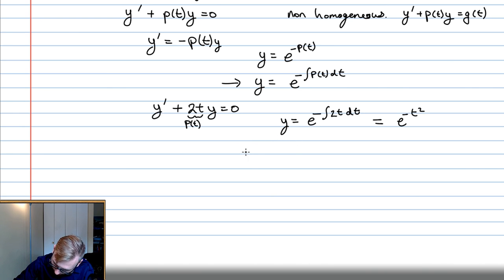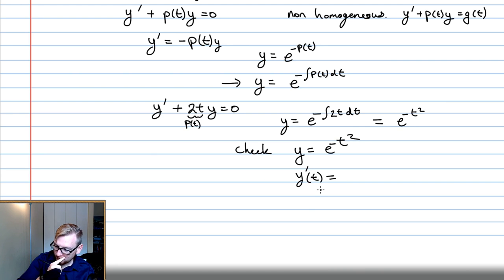So, as a check, we're going to set y equals e to the negative t squared and differentiate that. So y prime is going to be the derivative of this, which is e to the negative t squared times negative t squared prime, which is negative 2t.